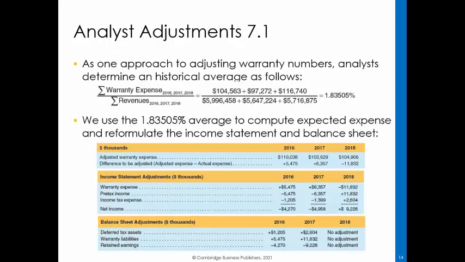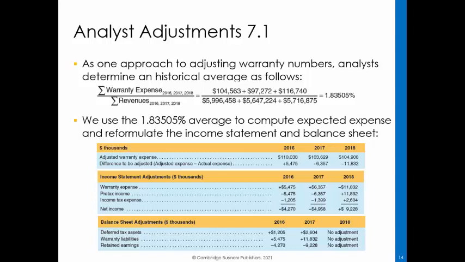To reformulate the warranty expenses, we could add the amounts reported for 2016 to 2018 and divide the amounts by revenues for the same period. This calculation, as shown on the slide, yields an average of 1.83505%.